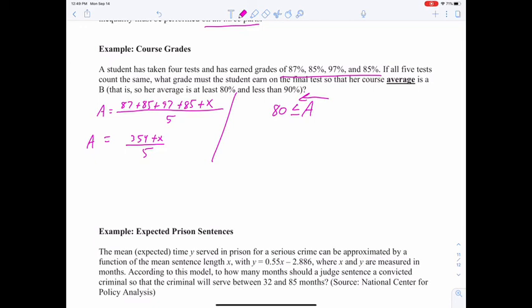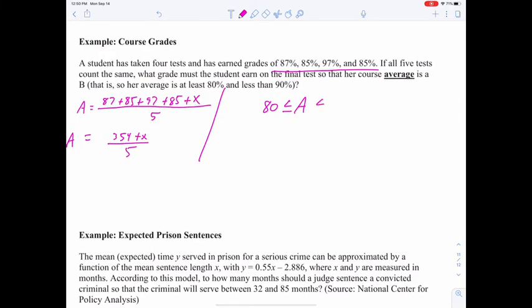Average greater than or equal to 80? Well, when we read an inequality, we normally read from the variable to the number. So if we're reading it in that direction, this says average greater than or equal to 80, okay? We also want that average to be less than 90, right?